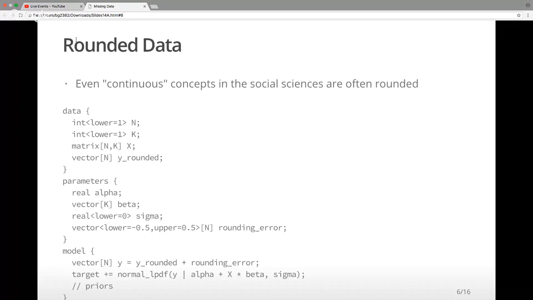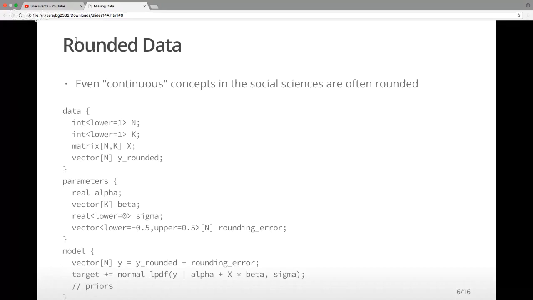Then I could construct in my model block what I believe to be the true y, which is observed y, rounded to the nearest integer, plus or minus something between -0.5 and +0.5 from the rounding error. And then my belief about the data generating process is that true y was intercept plus predictors times coefficients, rather than observed y, which has this weird discretization to it due to the rounding, and sigma.